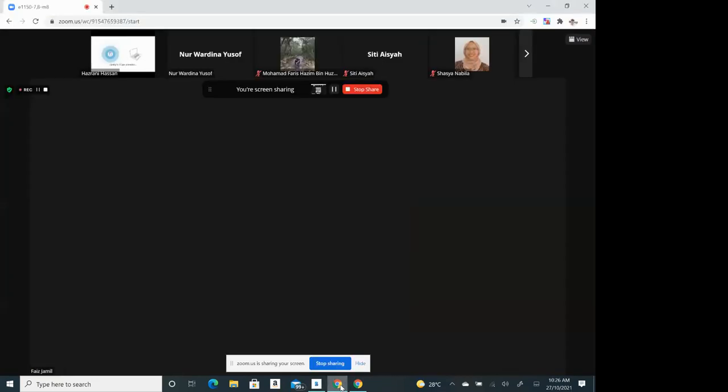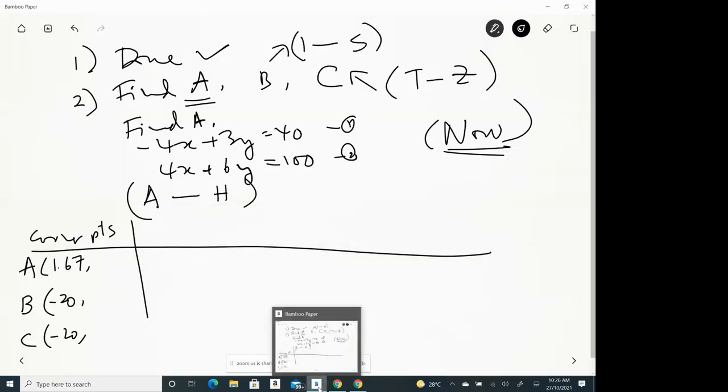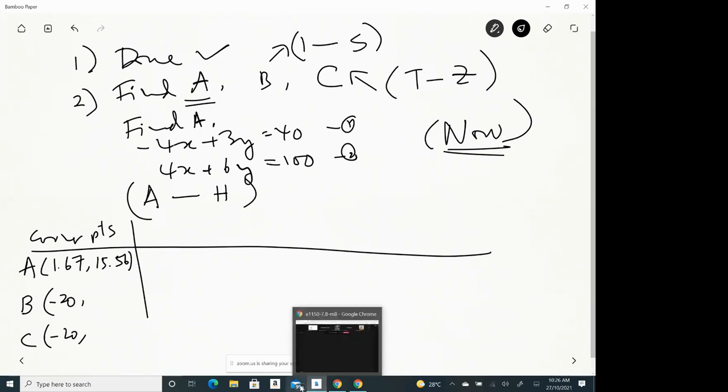For point A, I got 15.56. That is the value of Y for A. The X, betul, 1.67, and Y is 15.56.